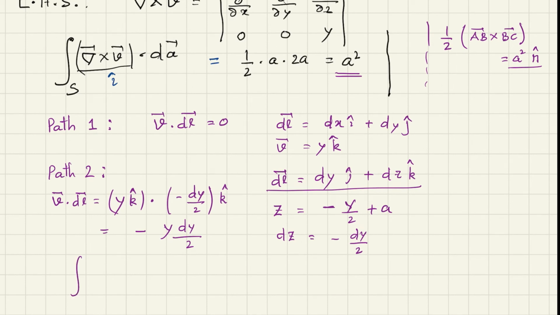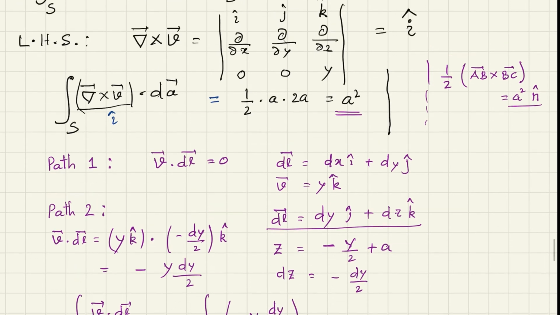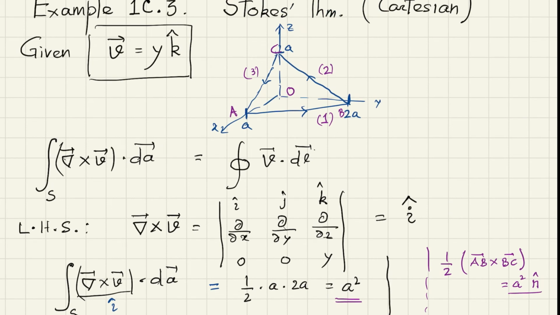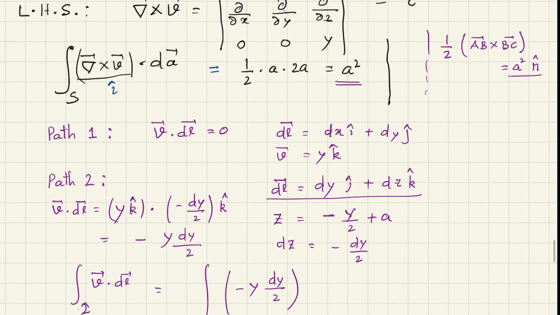Then the integral of v dot dl over path 2 is equal to the integral of minus y dy by 2, but you have to make sure, and that is important, that y goes in this direction from 2a to 0.